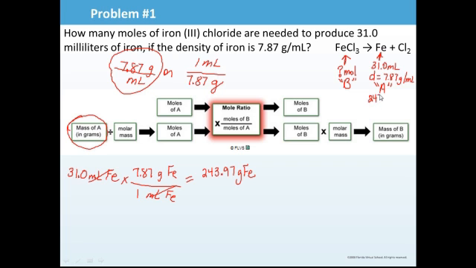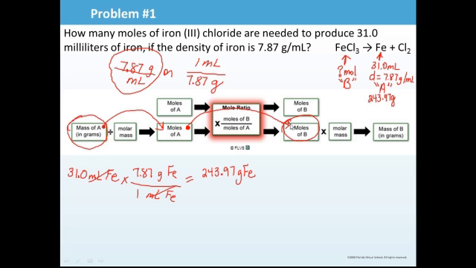If you want, you can go ahead and write it here, because that's how much iron I have. So now I know my mass of A is 243.97 grams of iron. It's asking me to convert to moles of B, which is right here. So therefore, when I start with my mass of A, I'm going to convert to moles of A. Then, once I have moles of A, I'm going to convert to moles of B. And guess what?